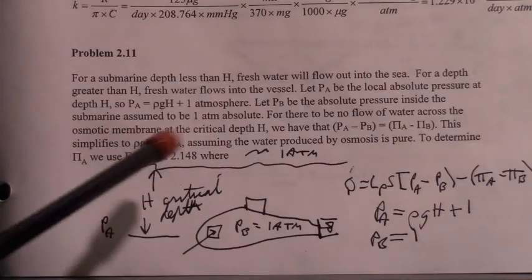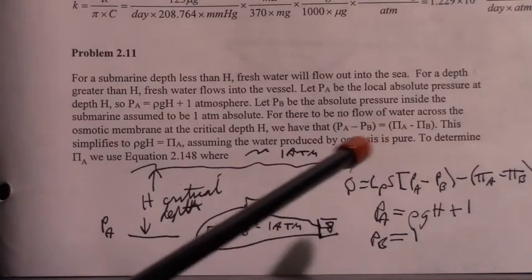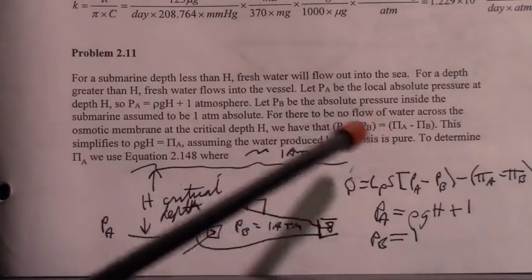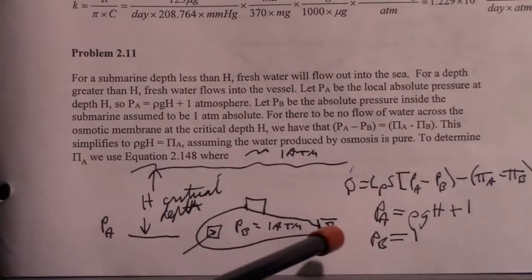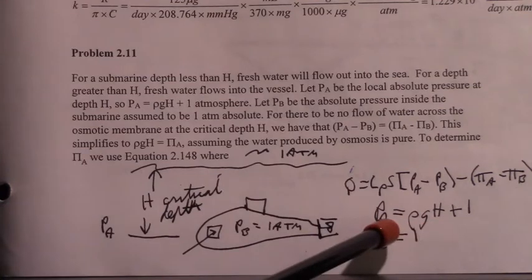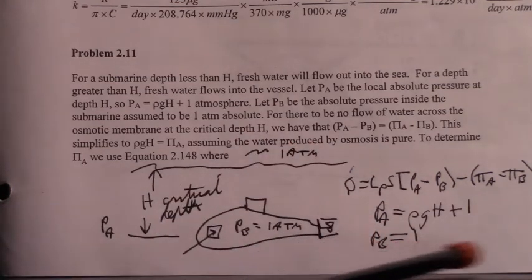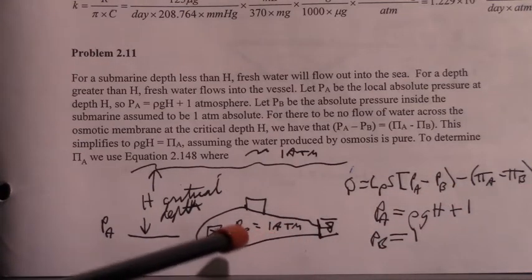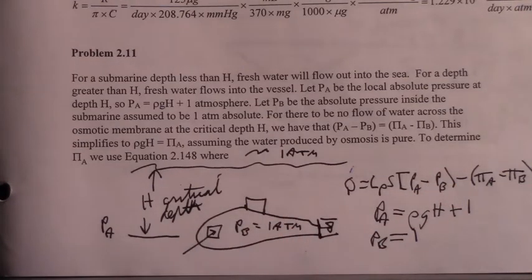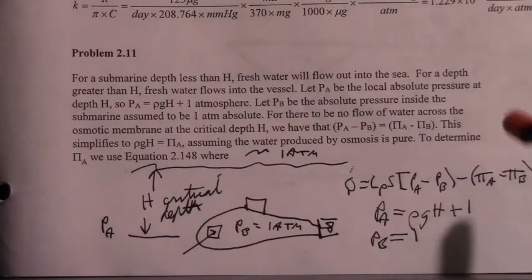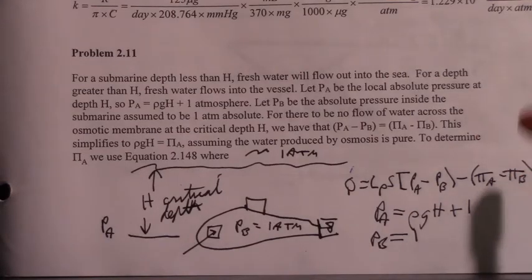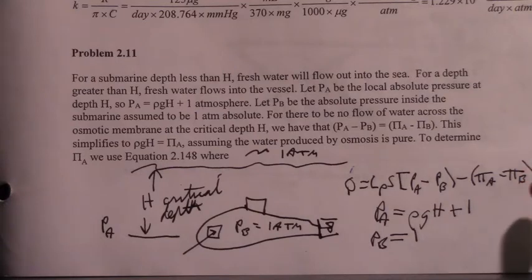And then what happens then is the osmotic pressure, go down here, let's take a look at PA. Remember, PA is equal to rho GH plus the 1 atmosphere up here, and PB is the pressure inside the submarine. And then we'll assume, for argument's sake, that the water being produced inside the submarine is pure water, so we'll just set the osmotic pressure pi B equal to 0.